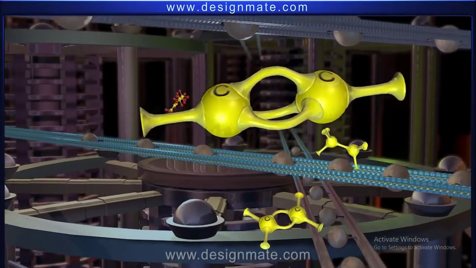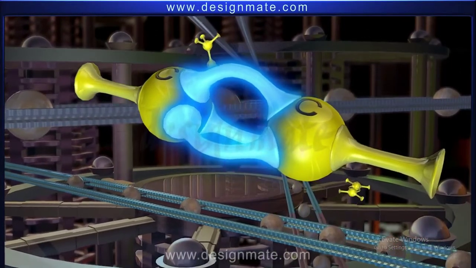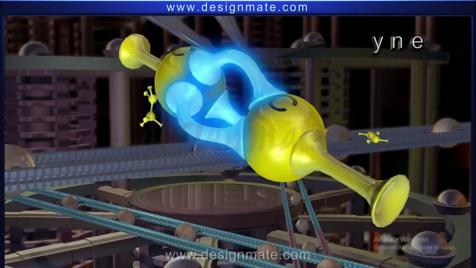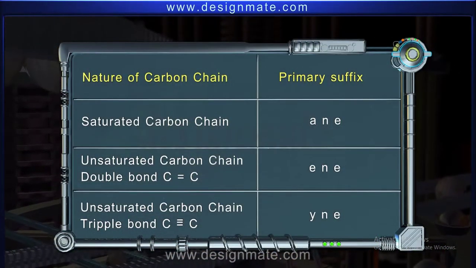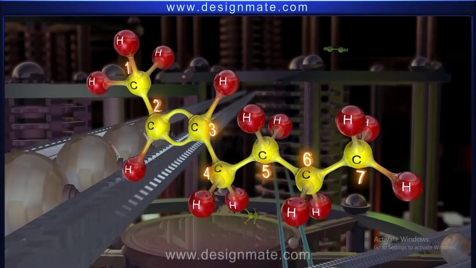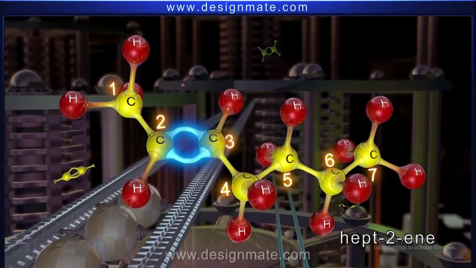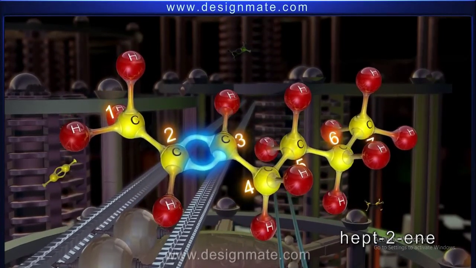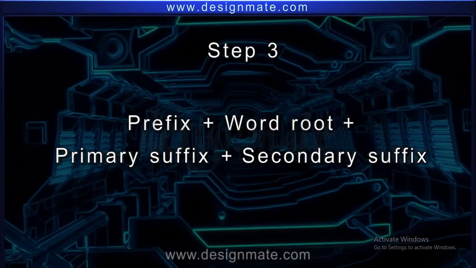For compounds with at least one triple bond between carbon atoms, the primary suffix YNE is used. This is summed up in the given table. Accordingly, the compound shown here is named hept-2-ene, as there is one double bond present between its second and third carbon atoms.